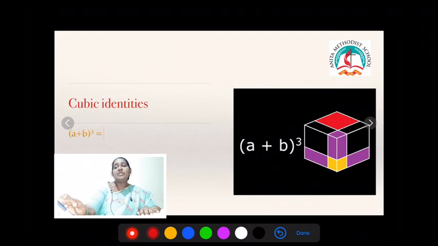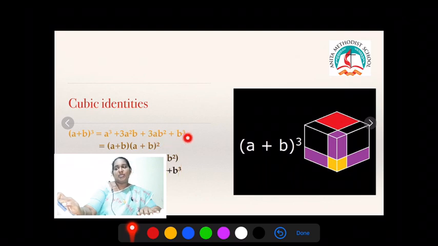So (a + b) the whole cube is equal to a cube plus 3a square b plus 3ab square plus b cube. Once again I say, children, (a + b) the whole cube is equal to a cube plus 3a square b plus 3ab square plus b cube.